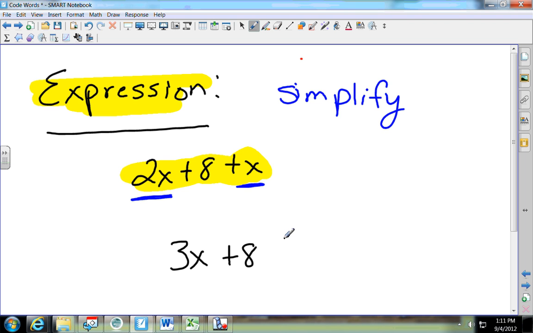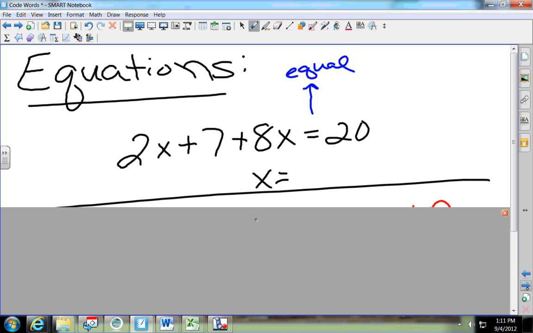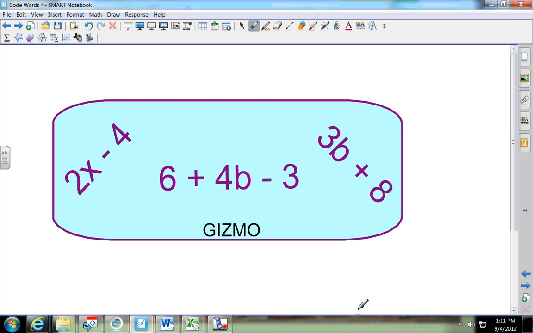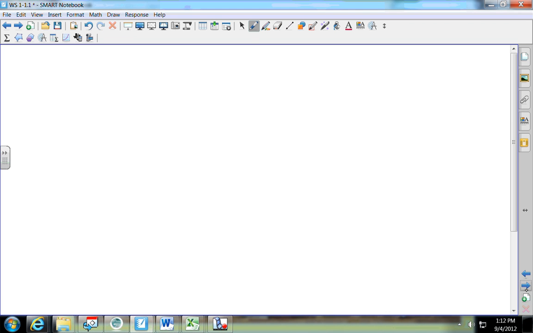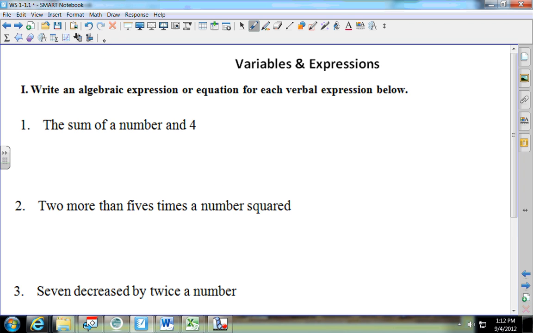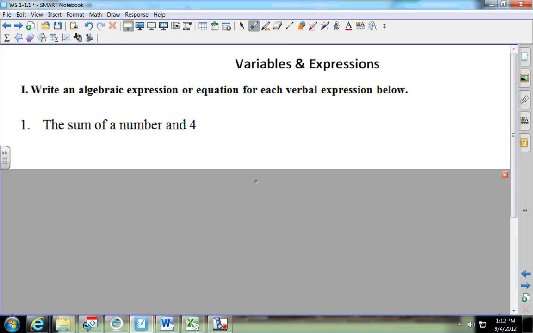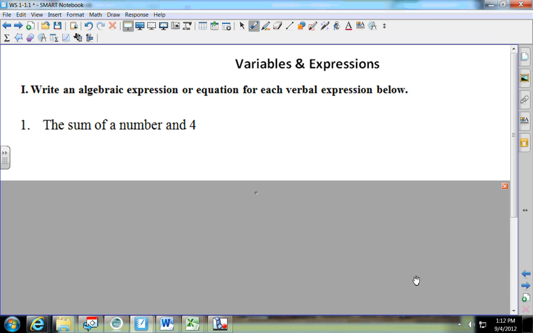Okay? All right, so let's look at the sheet of paper that I gave to y'all right here. Look at the very first problem. It says, write an algebraic expression or equation for each verbal expression below. Okay, it says the sum of a number and 4. What does sum tell you?